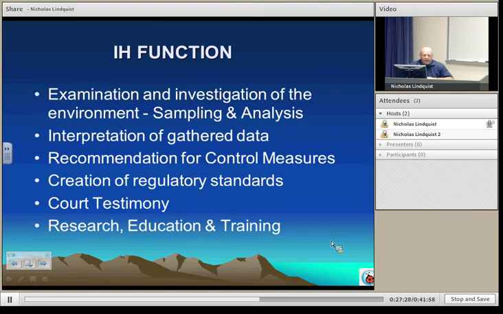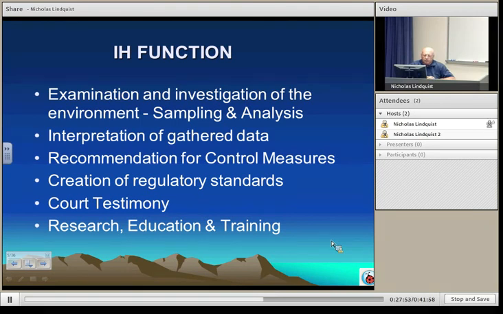And you can have the opportunity to provide comment during the developmental stage of those rules or regulations, be it on your own as a professional or as a representative of the company that you work for. So that is a task that often is performed by an industrial hygienist.